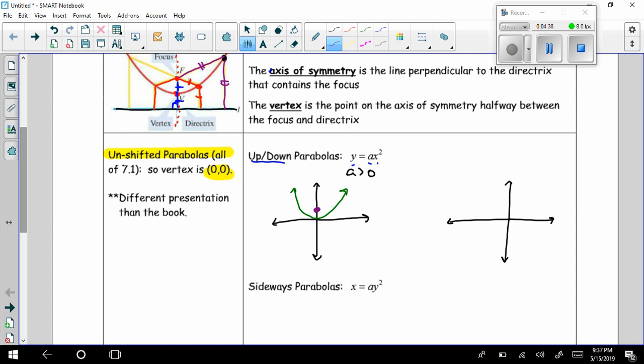But then it will have this point here, your focus, and your focus, we're going to say, is at 0, p. Well, let's rewrite this. The vertex will be p spots away from the focus and directrix.